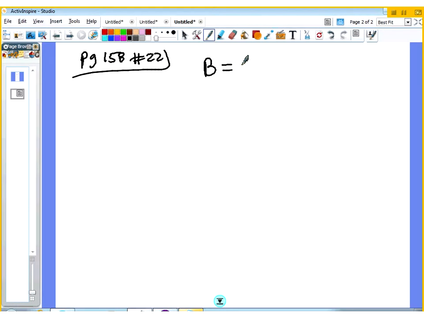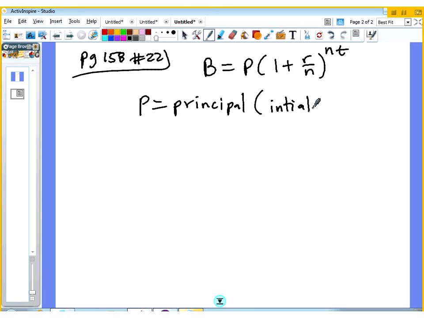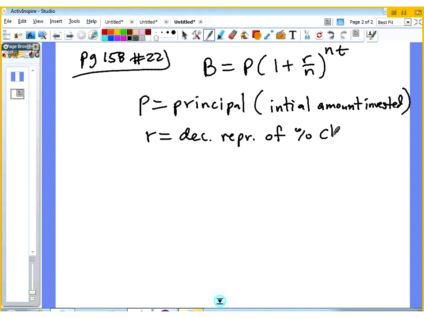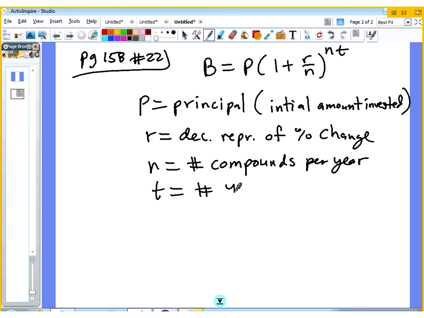In this problem, we're still looking at our B equals P times 1 plus r over n to the nt, where P is the principal, the initial amount invested, r is the decimal representation of the percent change, n is the number of compounds per year, and t is the number of years, and B is your balance.